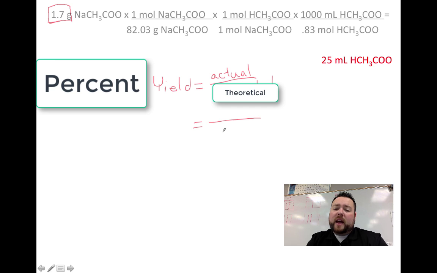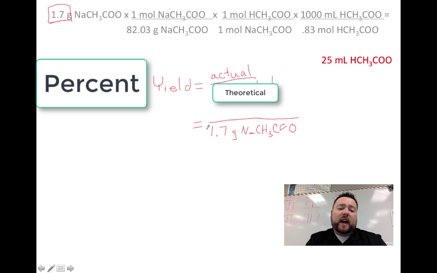I've gone into the lab. I know that I'm supposed to get 1.7 grams of sodium acetate, but I don't actually get this, and you won't know this until you complete your lab, because you won't have that number.